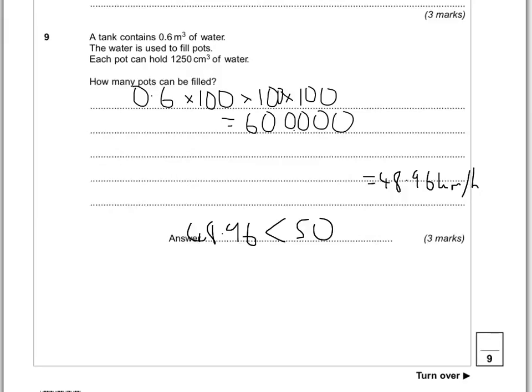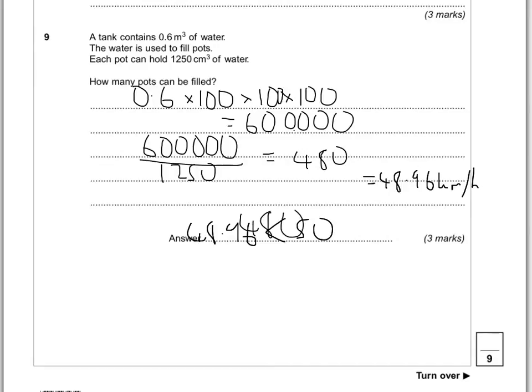So 0.6 metres cubed is 600,000 centimetres cubed, and now I simply need to do that division. 600,000 divided by 1250, and you end up getting an answer of 480. You would get an answer of 480 even if you changed the volume of each pot into metres cubed and divided that very small decimal into 0.6, which is the amount of water you've got.